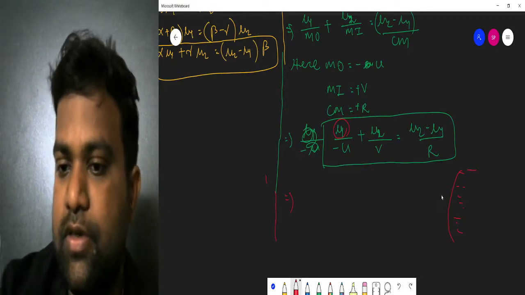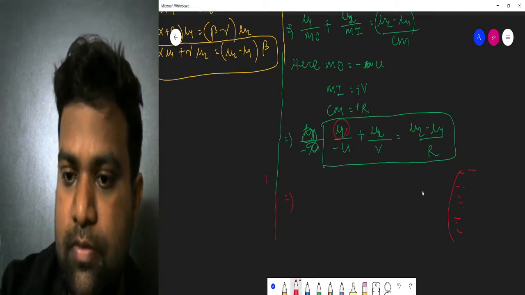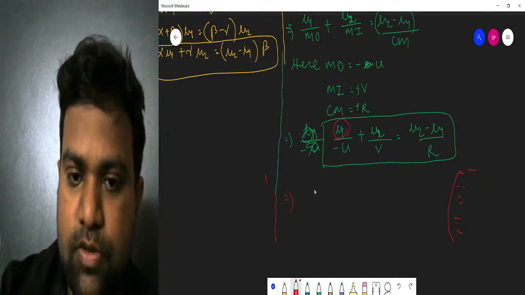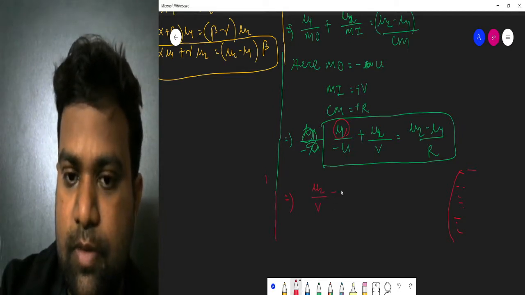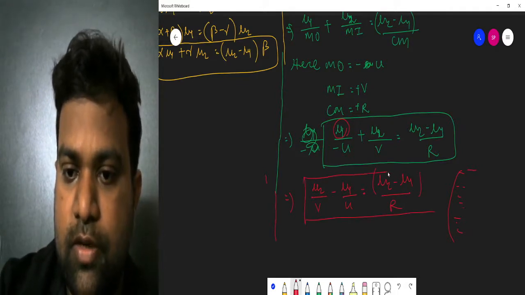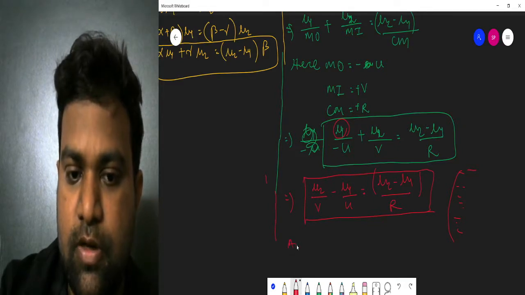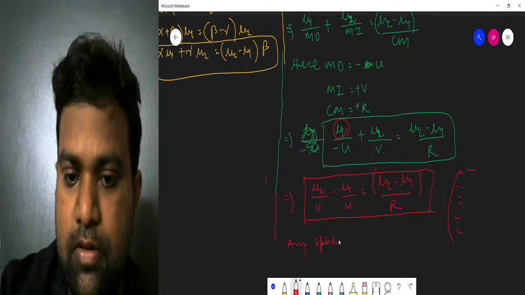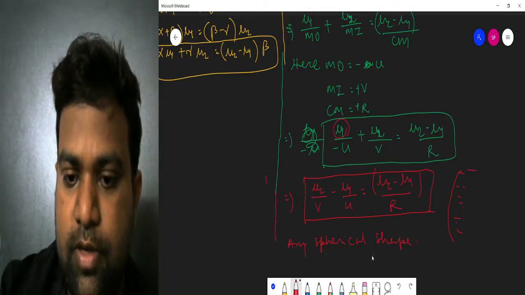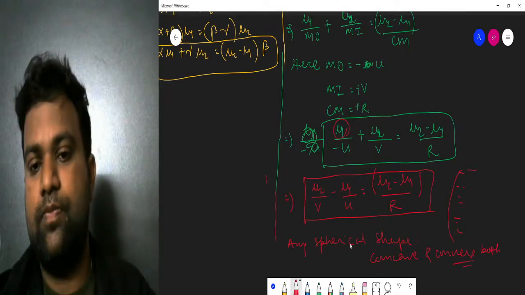Even if you take concave shape, or if the light is traveling from denser to rarer, the same result you are going to get, that mu2 by V minus mu1 by u equal to mu2 minus mu1 by R. So this is the result you are going to get for any spherical shape, concave and convex both. This result is true or valid.